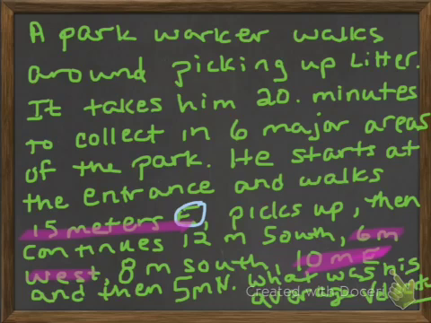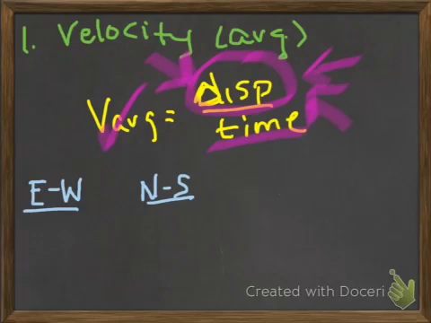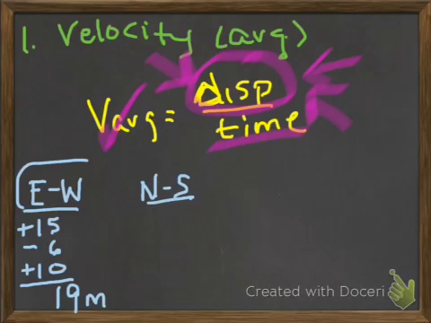So 15 is positive, 6 is negative, and 8 is positive. So he has gone 19 meters in the east-west direction.